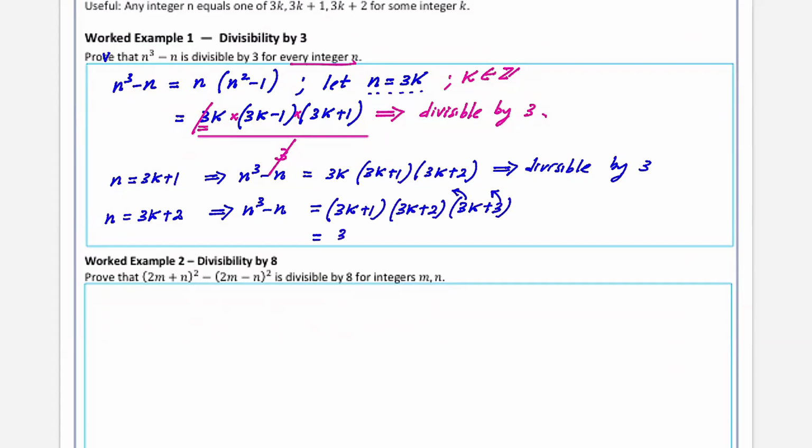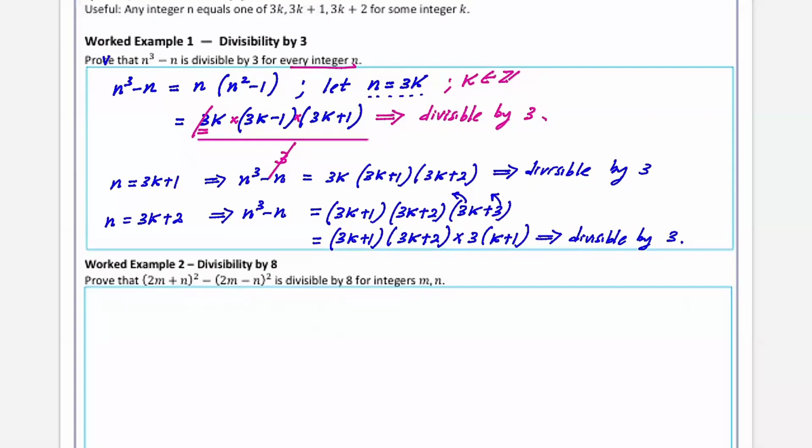So 3k plus 1, 3k plus 2, times you take 3 out, k plus 1. Since you see 3 here, again this is divisible by 3. Right?